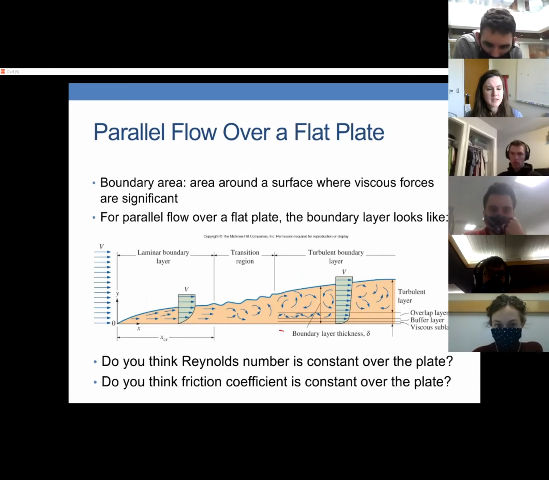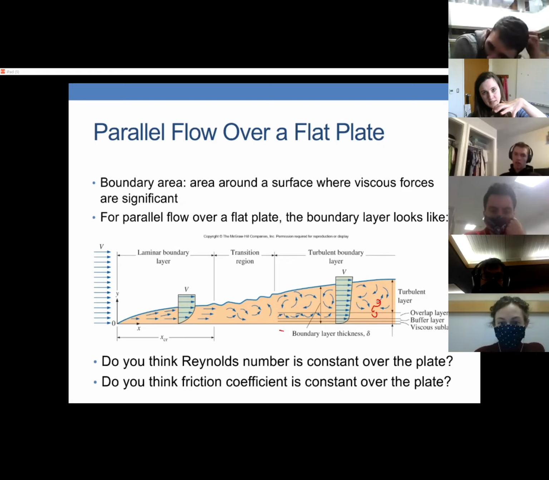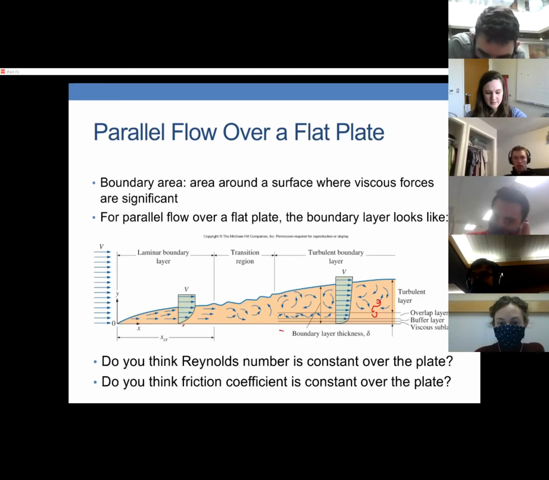Sort of. Remember we said that for turbulent flow, even though the velocity is actually swirling around, you can average it out and get an overall velocity profile. That's what it's showing: what that averaged-out velocity profile looks like.